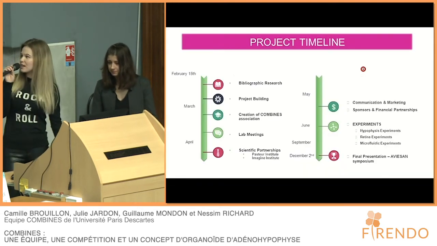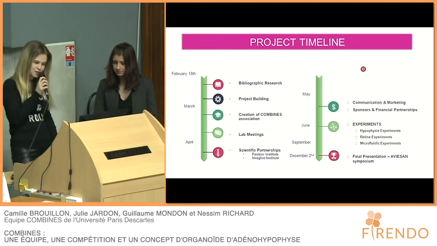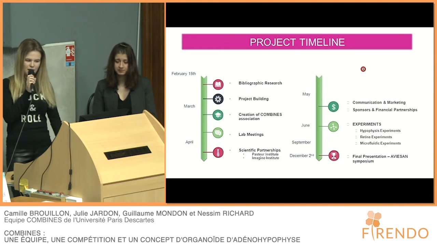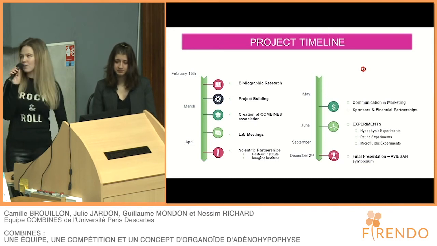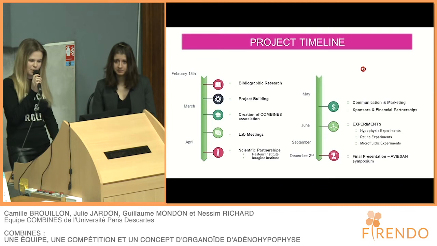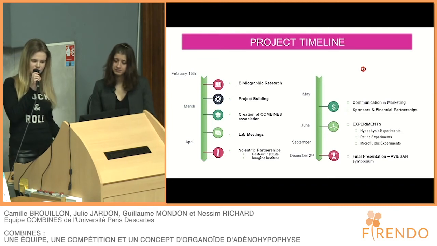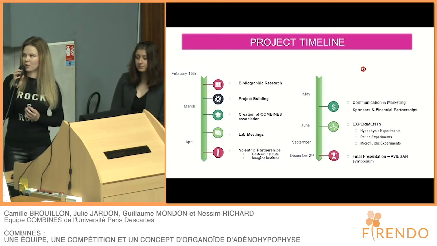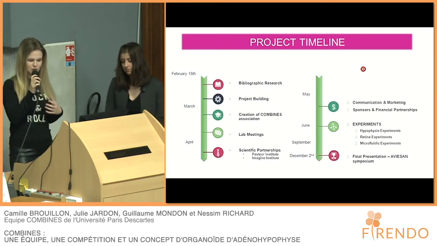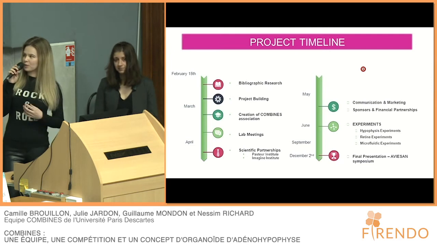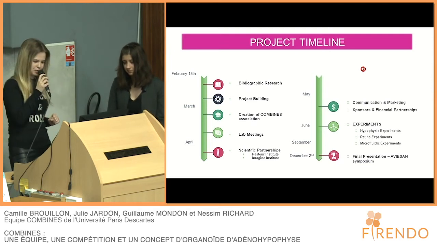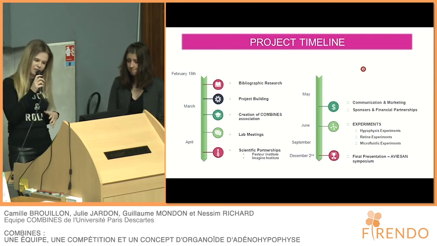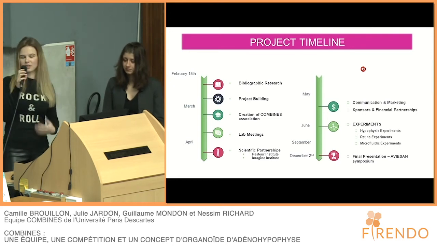Concerning the project timeline, first we began in February of this year with bibliographic research on the field of organoids. At the beginning of March, we had a real and clear idea of what we wanted to do and the project to build. And we created on the 1st of April our association named Combines. Finally, we met numerous laboratories.